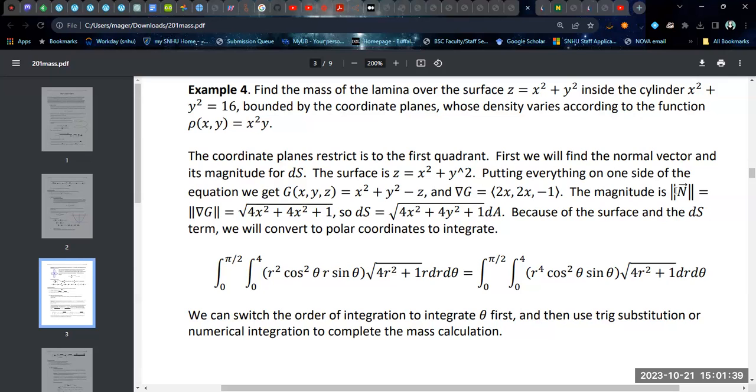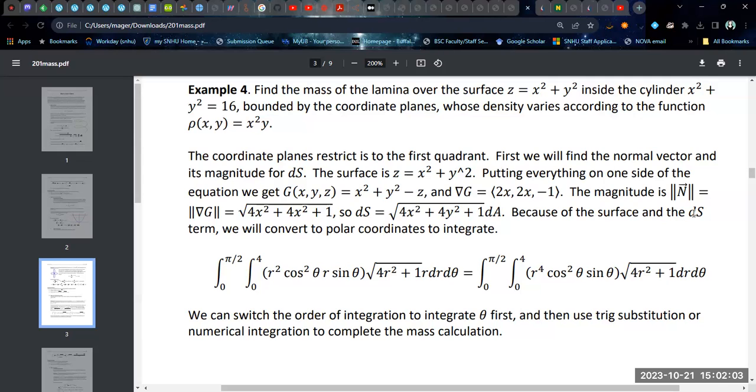And then the magnitude of that is the square root of (2x) squared, which is 4x squared, plus (2y) squared, which is 4y squared, plus (-1) squared, which is +1, and then times dA. That's our dS component.